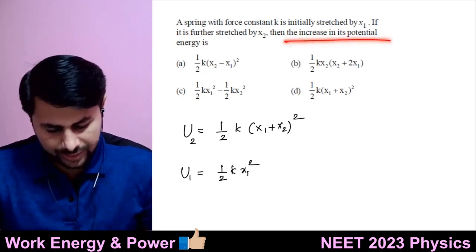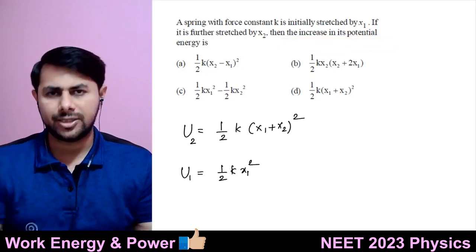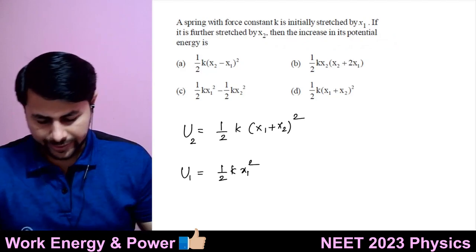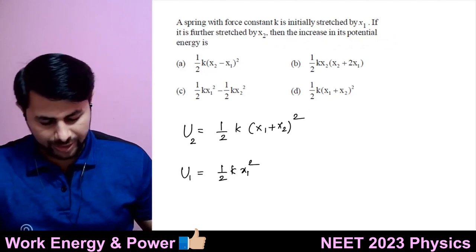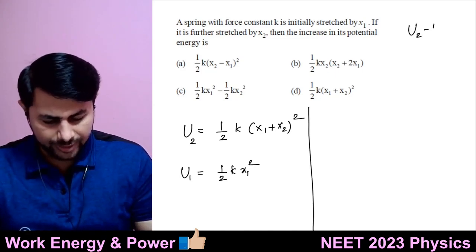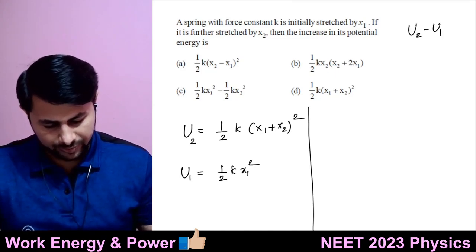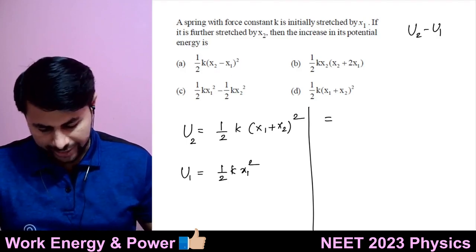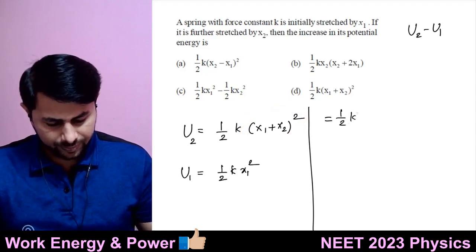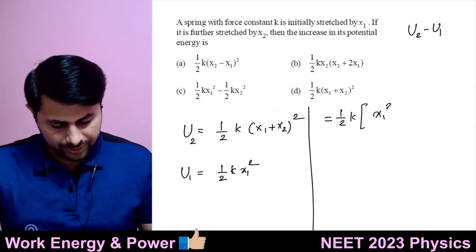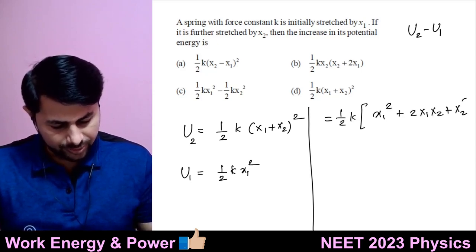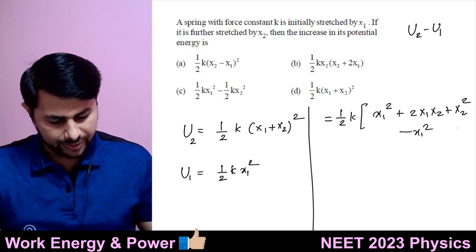So the increase in its potential energy when it is further stretched by x2, that's what we have to find out. So it will be equal to U2 minus U1, right? For that we have to expand this square. Half k we can take common, then it will be x1 square plus 2 times x1 into x2 plus x2 square, minus x1 square.